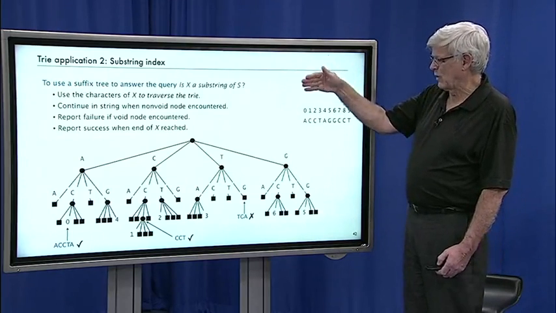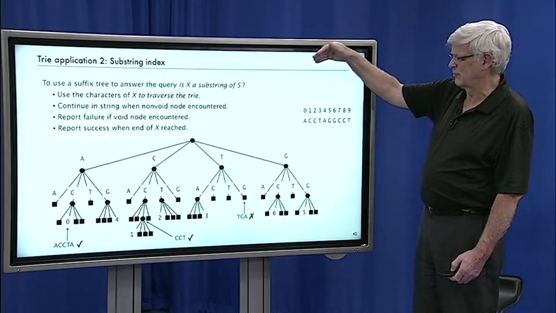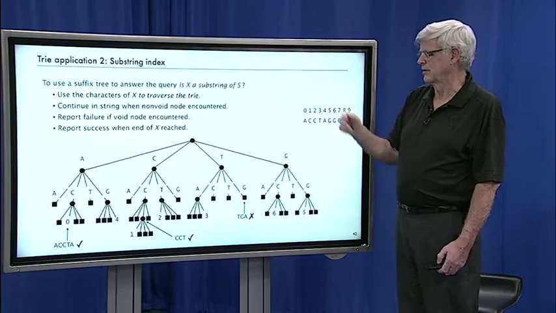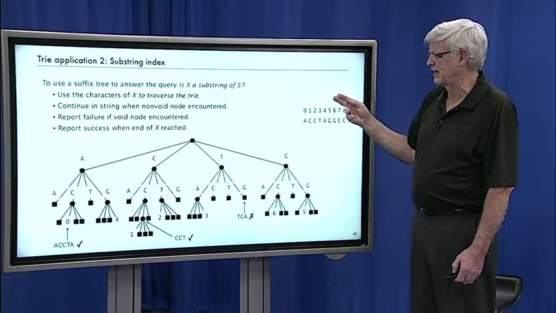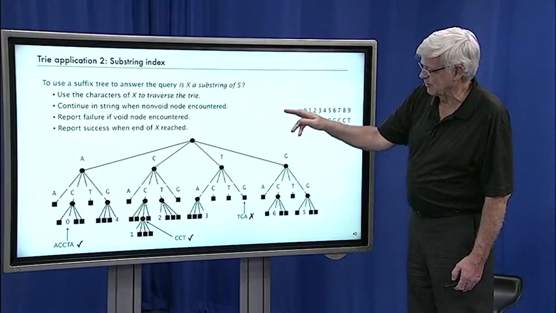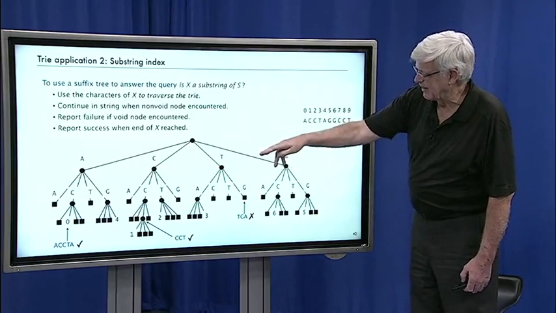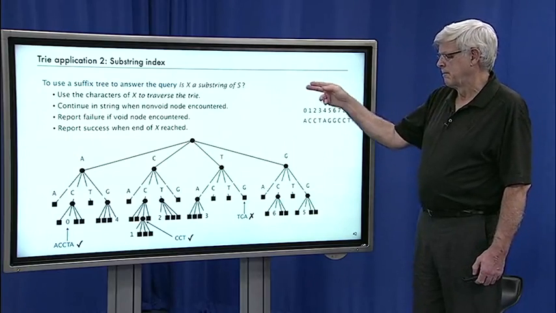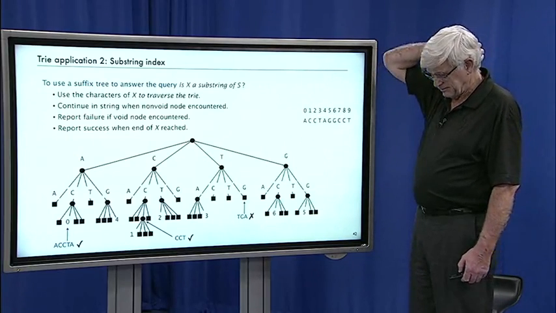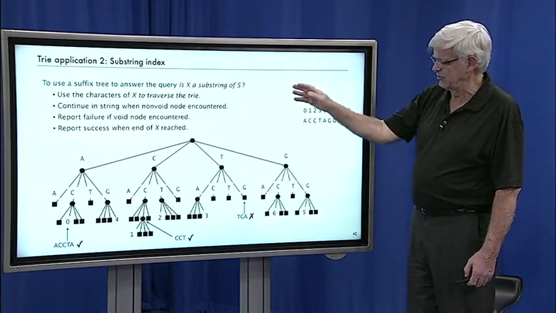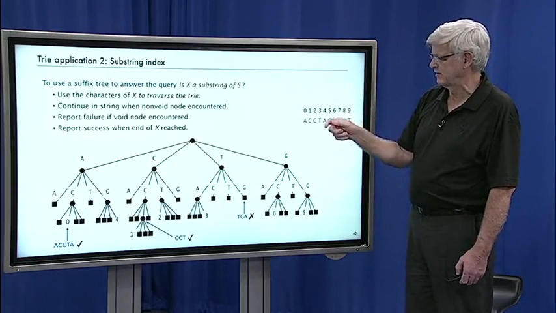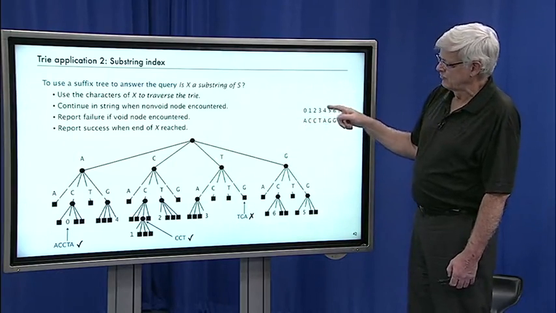So to answer the question, is X a substring of S, we use the characters of our query to traverse the trie. So for example, if we're looking for A, C, C, T, A, then when we get to a non-void external node, that tells us that that one is in there, and it tells us what position it is.